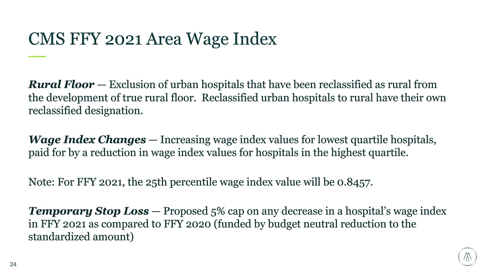So for fiscal year 2021, that 25th percentile wage index value has been determined to be 0.8457. So any hospital at or below this mark will receive a redistribution in terms of the calculation of the wage index value. And that redistribution is paid for by the hospitals that are at the highest 25th quartile. CMS also implemented a 5% temporary stop-loss adjustment to anyone experiencing a wage index reduction as compared to their prior year wage index value.